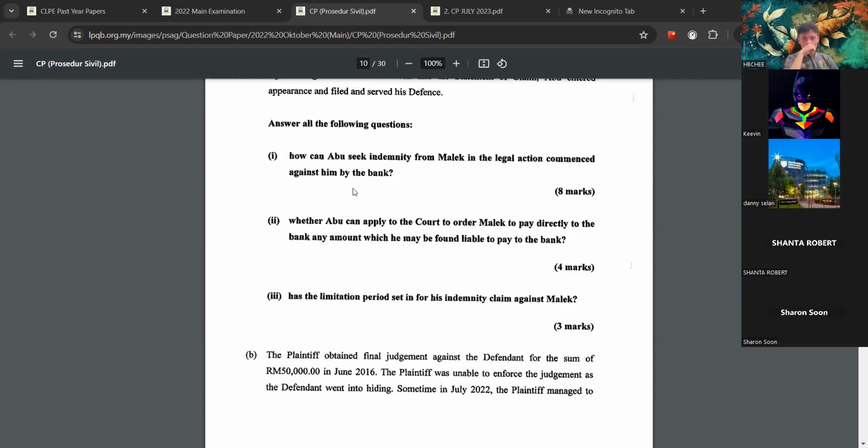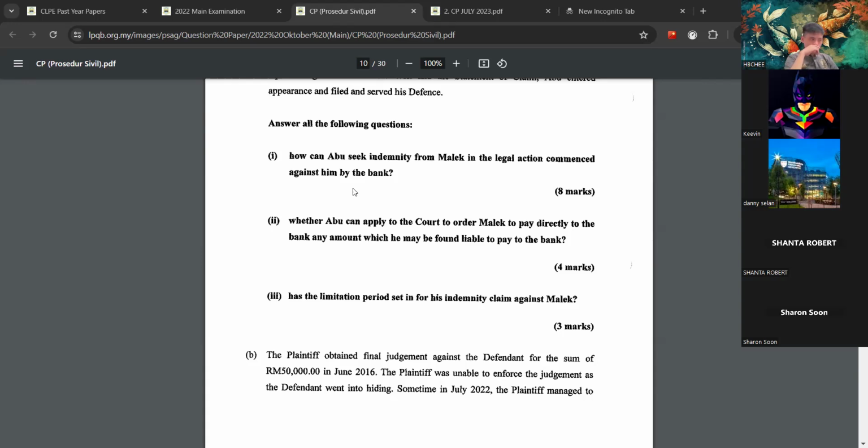Okay. Now the second part is whether Abu can apply to the court to order Malek to pay directly to the bank any amount which he may be found liable to pay to the bank. This one was never asked in the previous papers, so you may refer to Order 16 Rule 4.